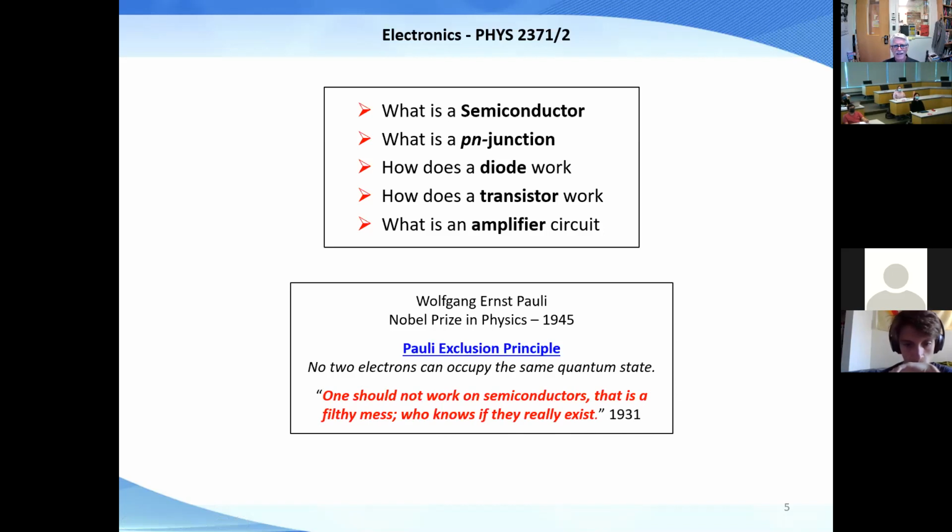Back then, they were a filthy mess, and it took a lot of technology to refine semiconductors, basically dope them, put them together, and make giant integrated circuits that had a billion transistors on them. Anyway, we've come a long way from that filthy mess.